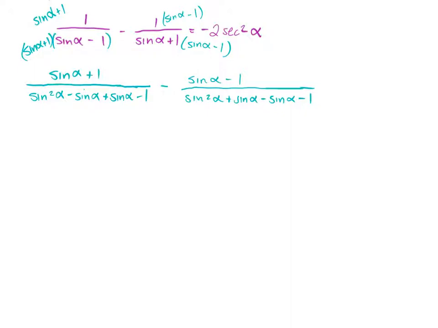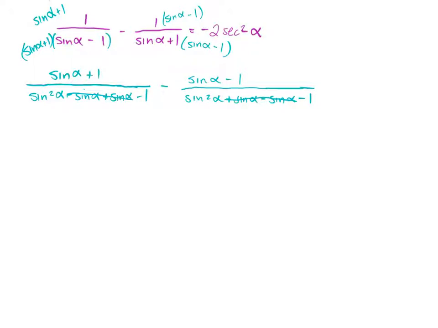So you can see that this cancels out right here, and this cancels out here. So simply put, our denominator is now just going to be sine squared alpha minus 1, and then we have our two parts to our numerator.